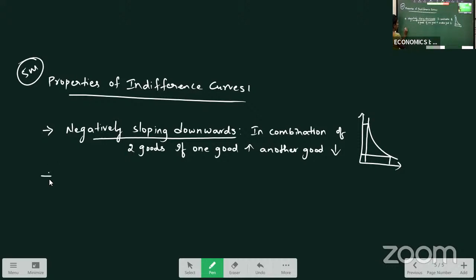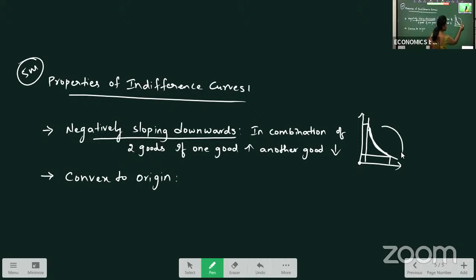Now, the next property is they are always convex to the origin. What do you mean by convex? Generally, when you see here, this is the origin. To this origin, my curve is always convex.